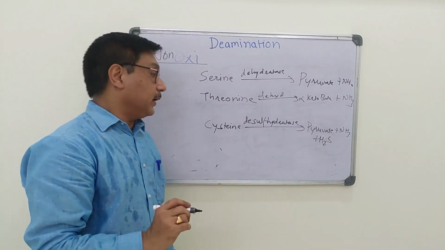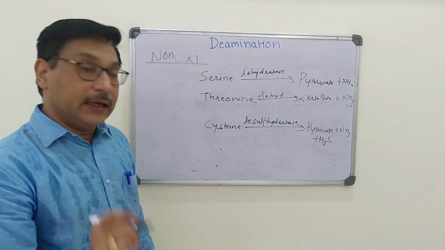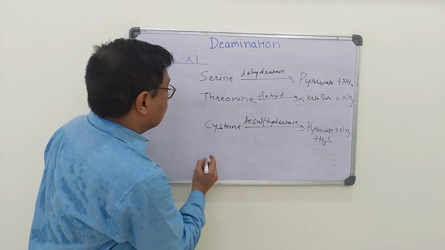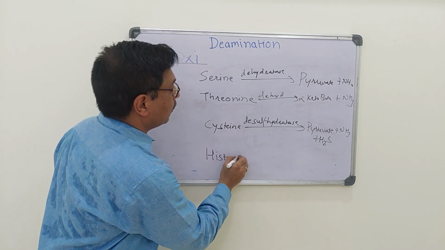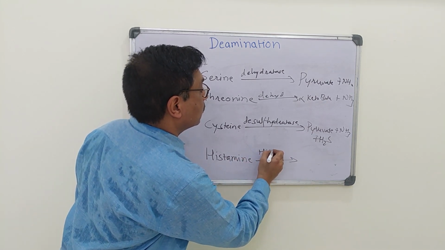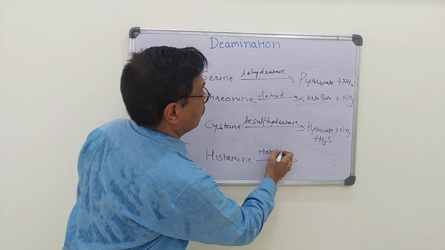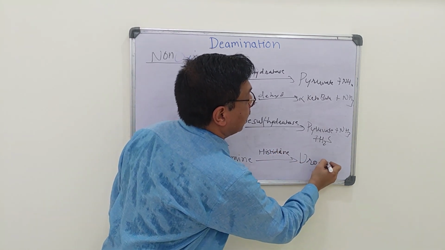The last example of this non-oxidative deamination is histidine. Histidine is acted upon by histidase to form urocanate and ammonia.